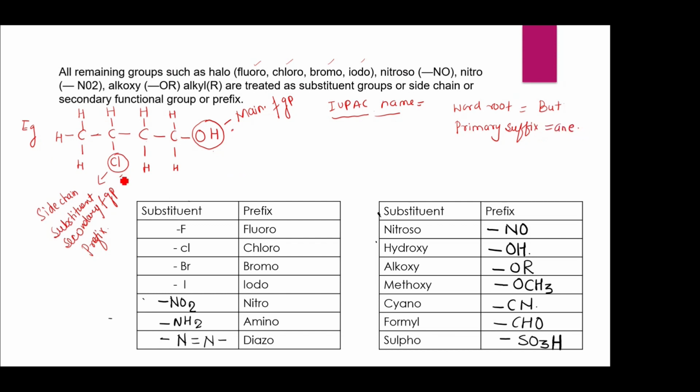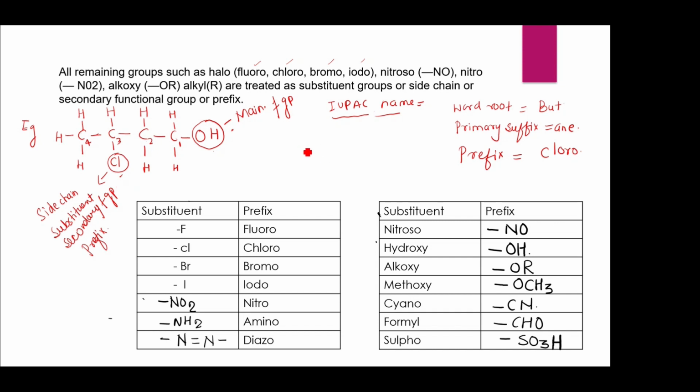And chlorine acts as a substituent, so the prefix will be chloro. So we can name this IUPAC compound as, the functional group should get the least number. So we will count from this carbon 1, 2, 3, 4. Since chlorine is present in the third position, we have to indicate that.